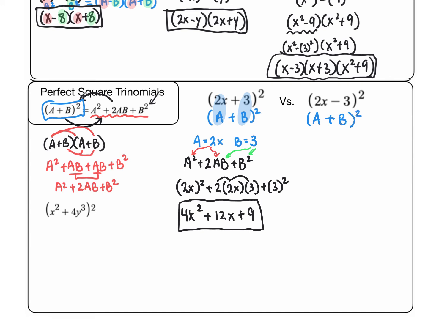But if you have a negative sign in there, then this whole thing has to be captured. So a is going to be 2x, and b is going to be a -3. So we do the exact same thing. So we would have this, 2x, and b equaling a -3. Notice that it was a +3 here because of the plus sign.